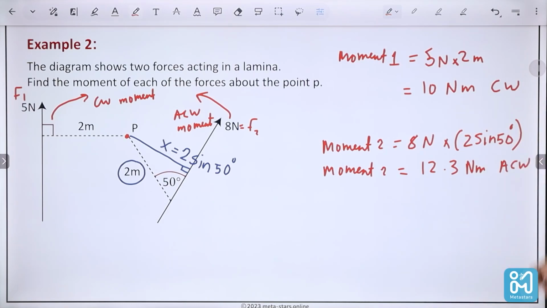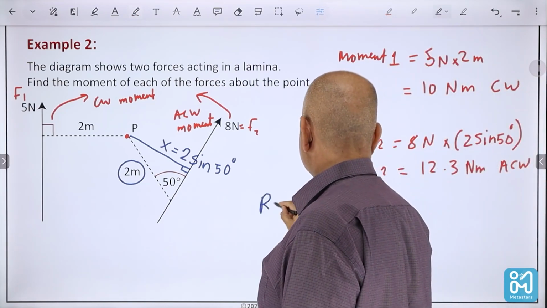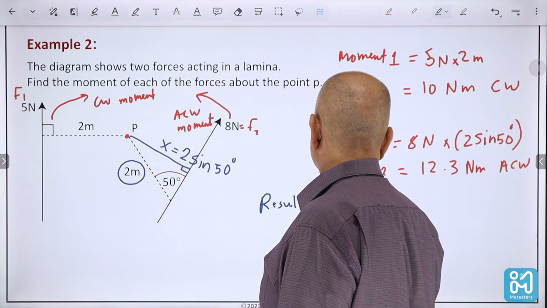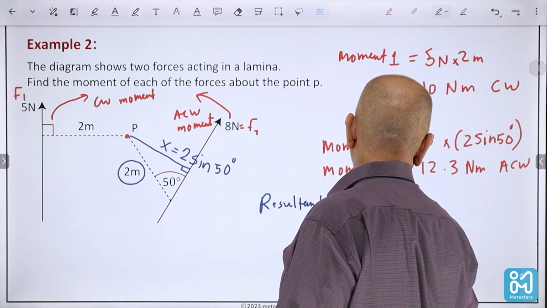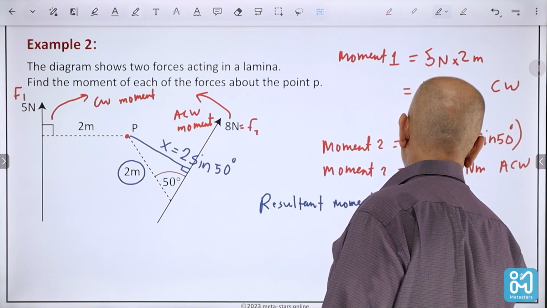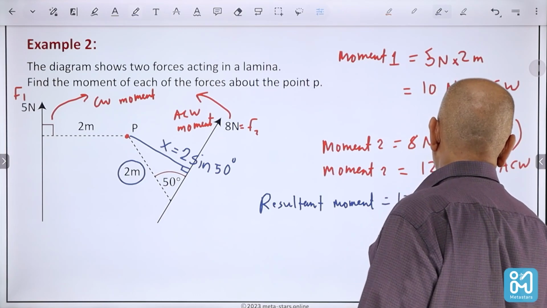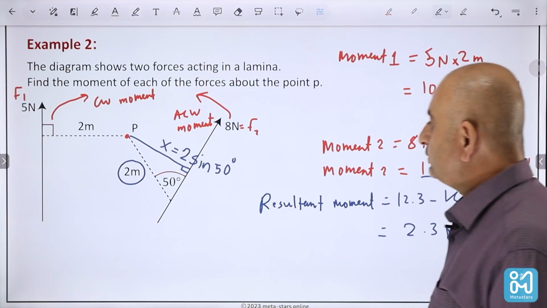So which one is bigger, the clockwise or the anti-clockwise? The anti-clockwise. So we're going to write resultant moment equals 12.3 minus 10, so that will be 2.3 Newton meters. And since this is bigger, we're going to say anti-clockwise. All right, there we go.